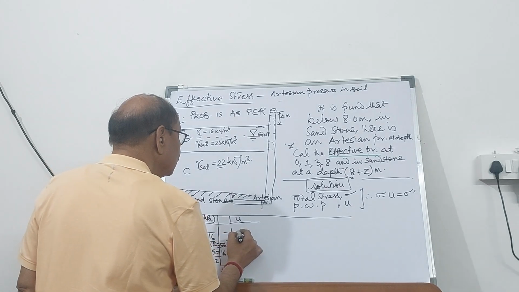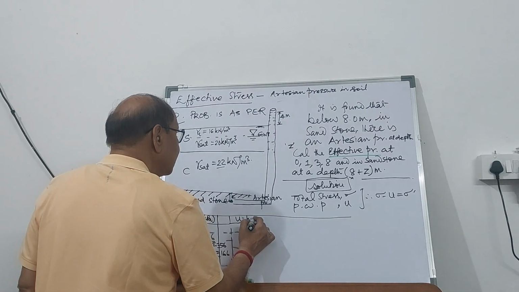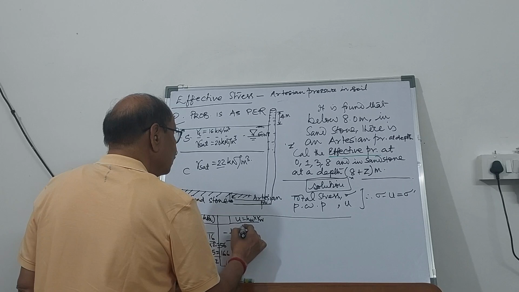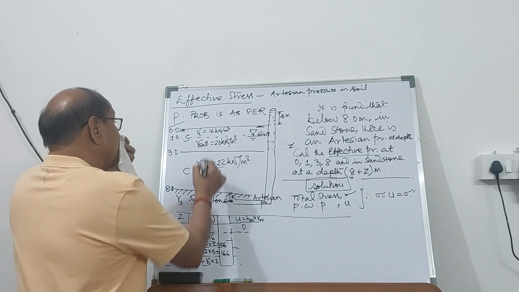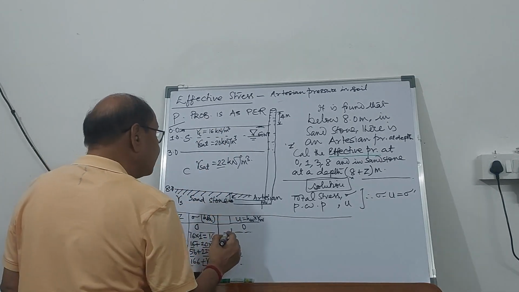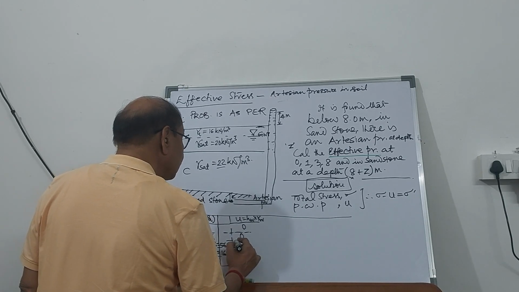So this becomes height of water into unit weight of water. This becomes 0 here. At 1 meter, there is no height of water above that. So HW is 0. So it becomes 0.